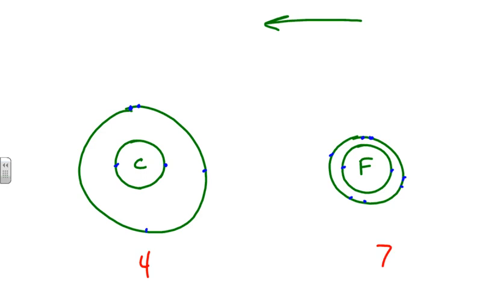Now, remember, the nucleus contains a lot of positive charges. Well, as it turns out, the more positive charges I have inside a nucleus, the more it's going to pull on these outer valence electrons. And the more valence electrons I have, the more they pull on the nucleus, vice versa.